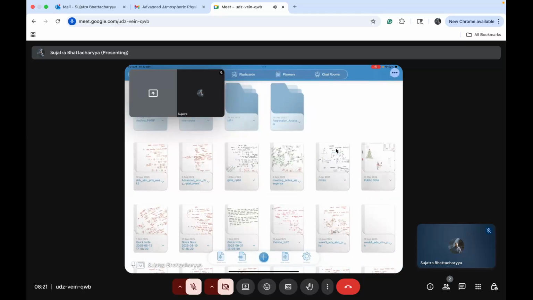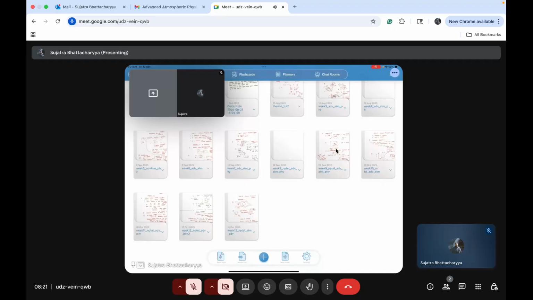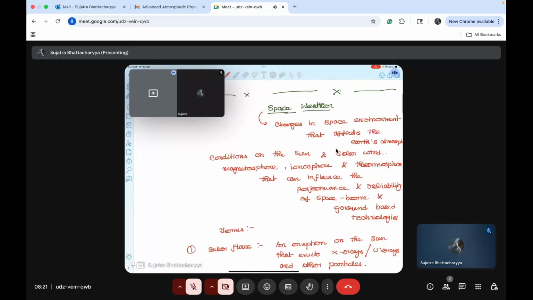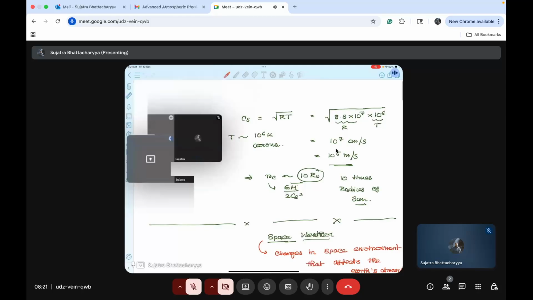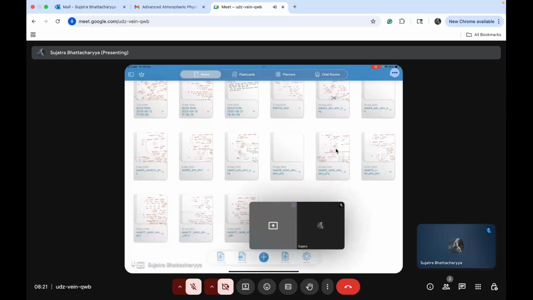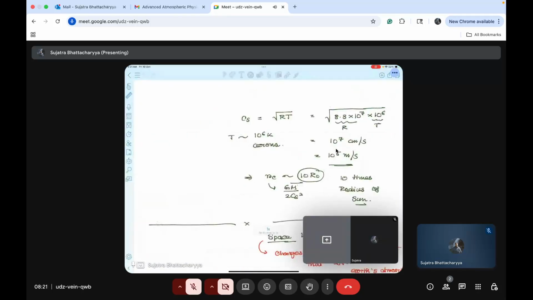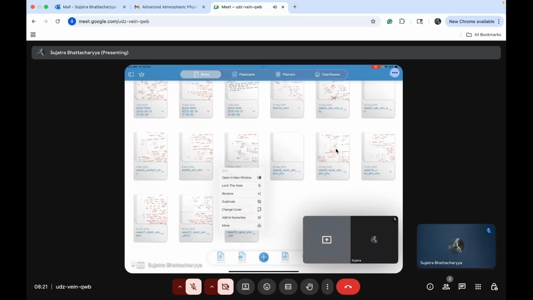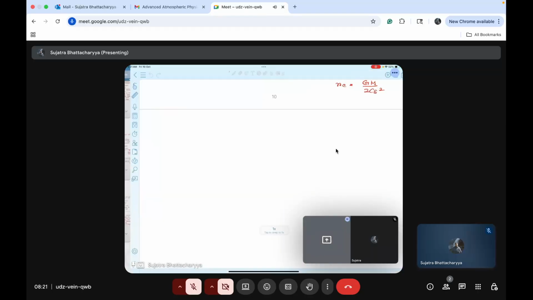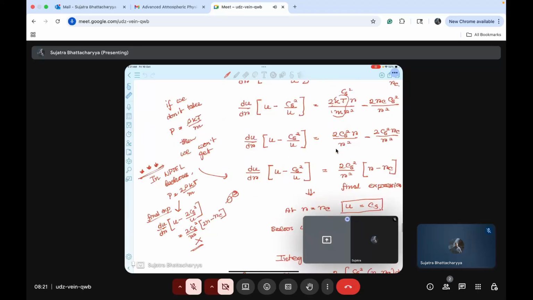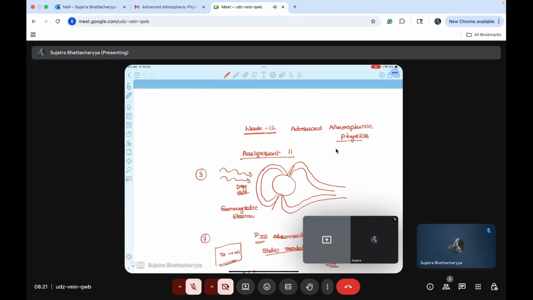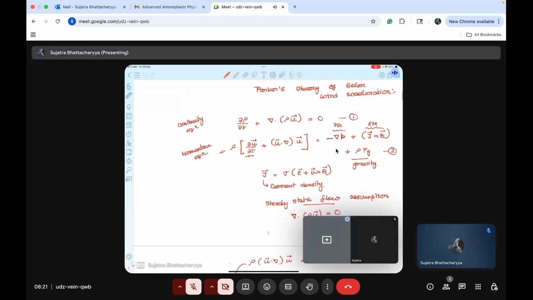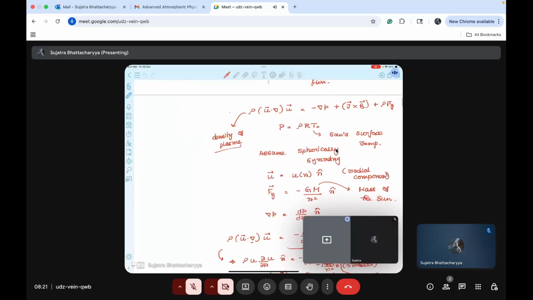Okay, fine. So just a quick recap of what we have discussed. So this is the space weather part. Here we have discussed the assignment 11 questions, and after that we started with Parker's theory of solar wind acceleration.